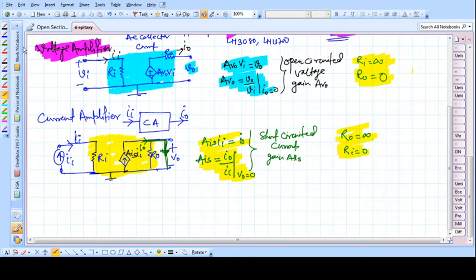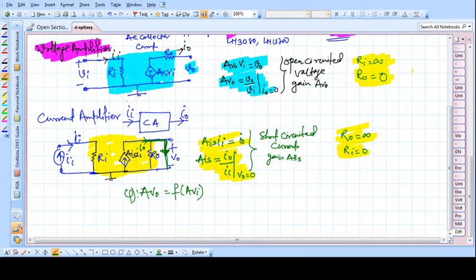Now suppose someone asks you to make a relationship between AV naught and, as a function of, AIS. AV naught and AIS, what should be the relationship? So this one is the question. What we have to write?